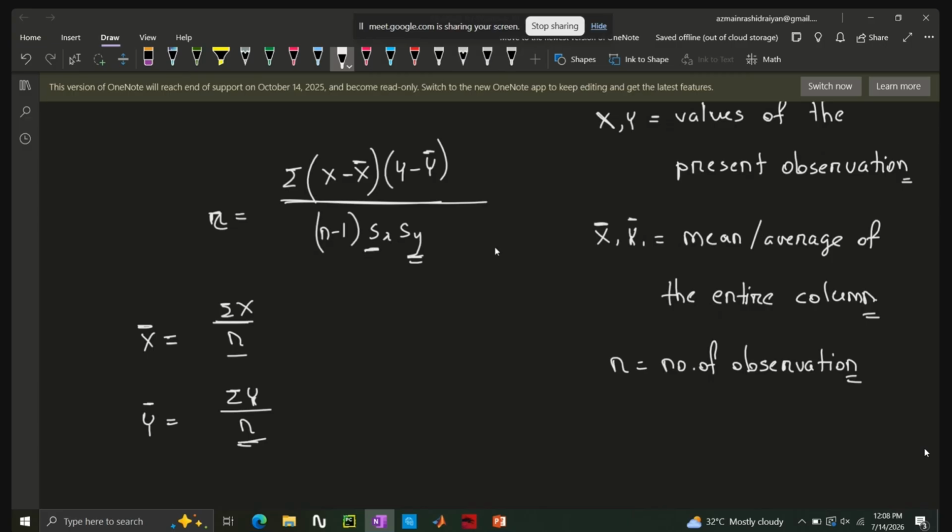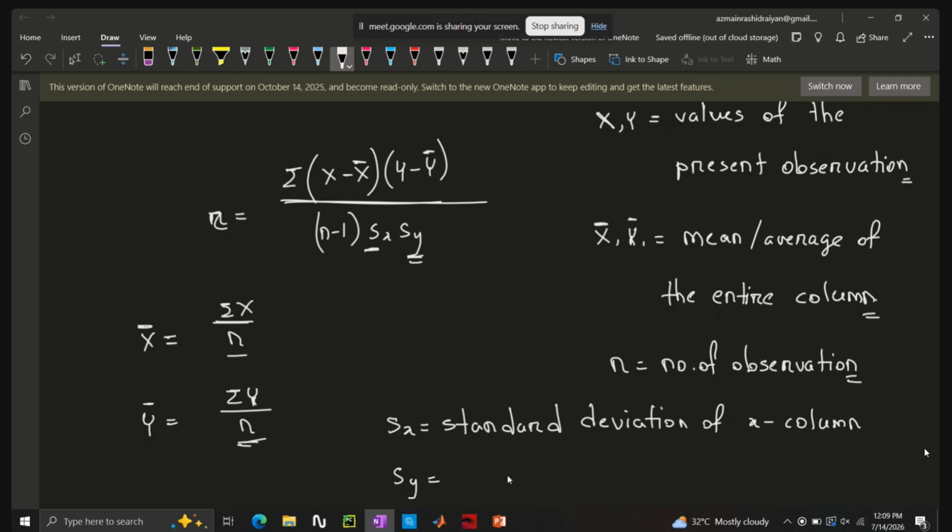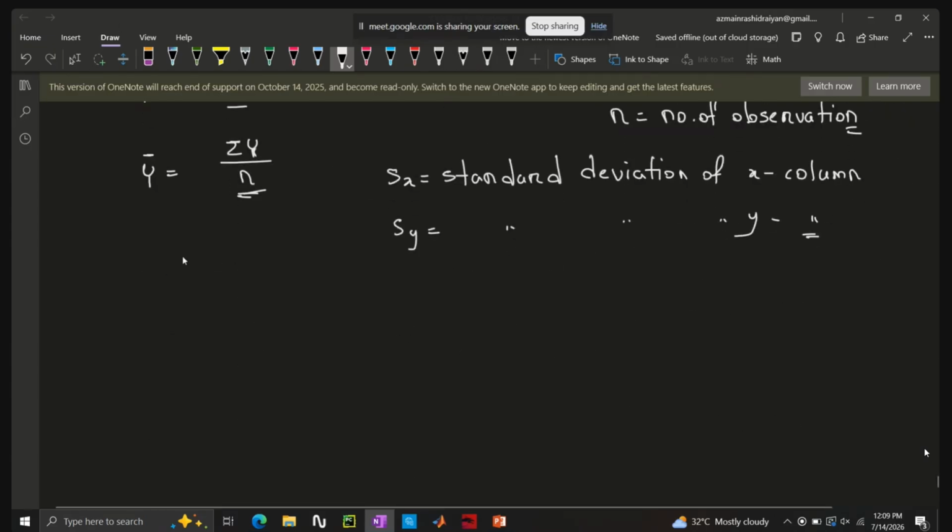And what are Sx and Sy? These are basically the standard deviations. Sx is the standard deviation of the X column, and Sy is the standard deviation of the Y column. We know how to find the standard deviation.